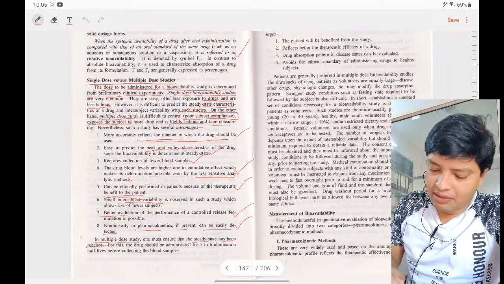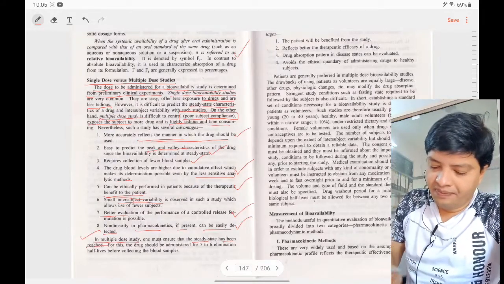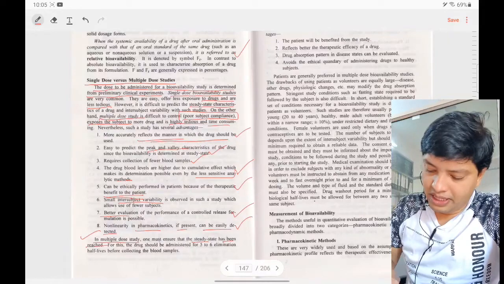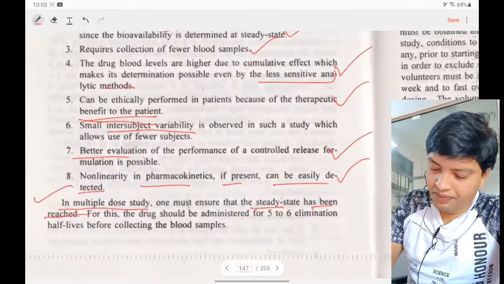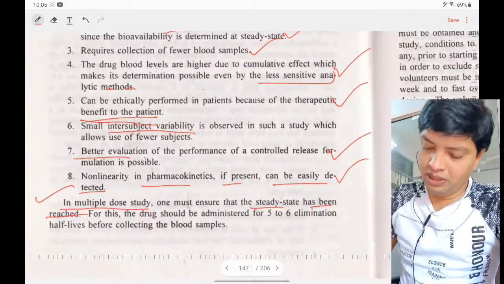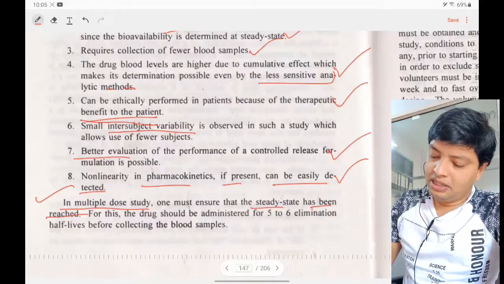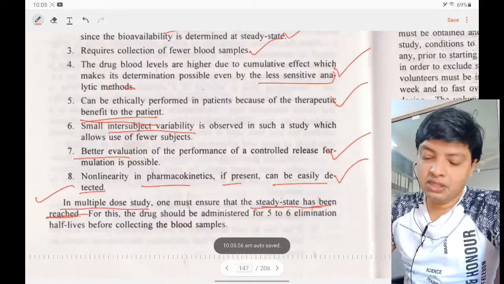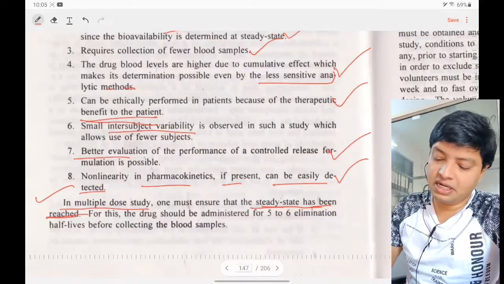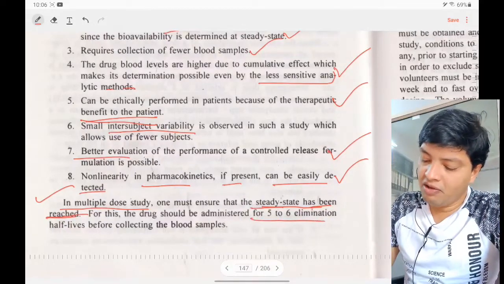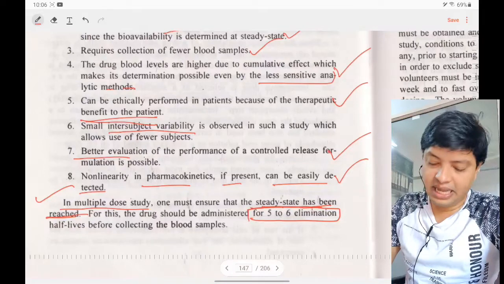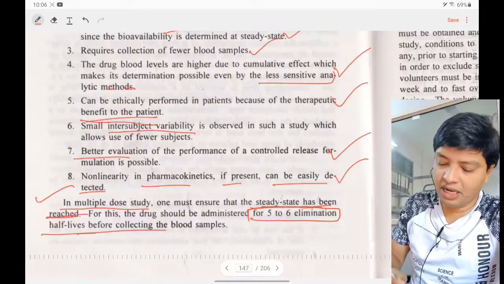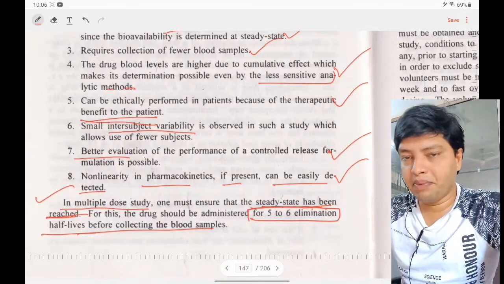So this point is saying, in a multiple dose study, one must ensure that steady state has been reached. For this, the drug should be administered for 5 to 6 elimination half-lives before collecting the blood sample.